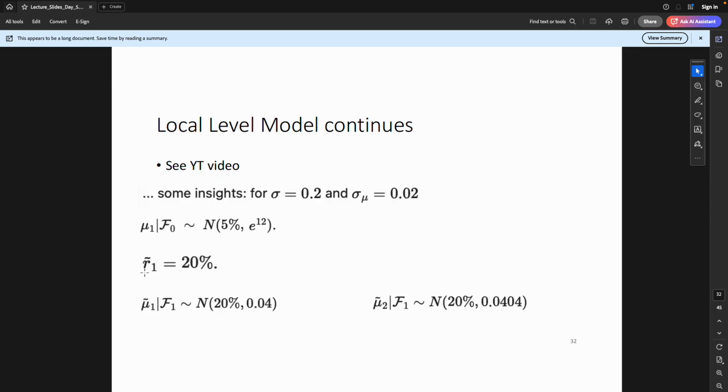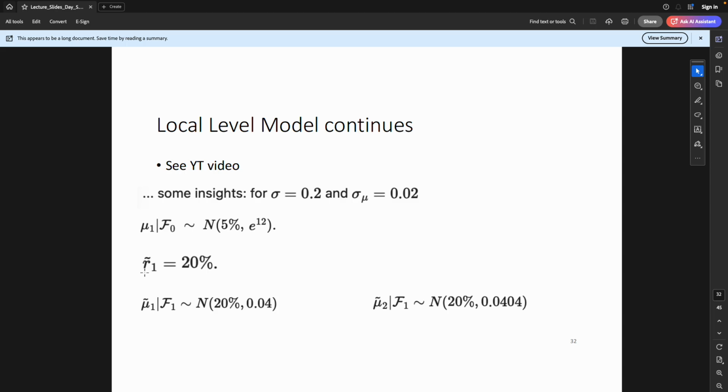And if you follow the Kalman filter, and this is just high level for now, to make you see the big picture, what will happen is the Kalman filter will then say that we should update this density here. How should we update? Well, you see the mean shifts to the right. It will shift towards the 20%. If you do the math, it will be 19.999. So it's not 20.0, but if you just round, it's 20.